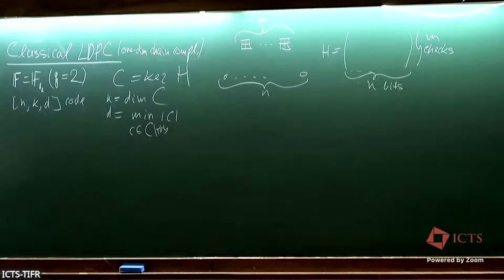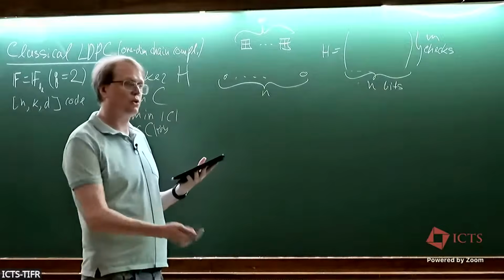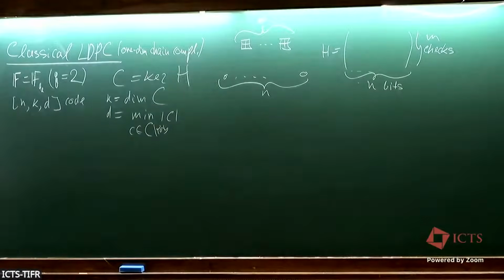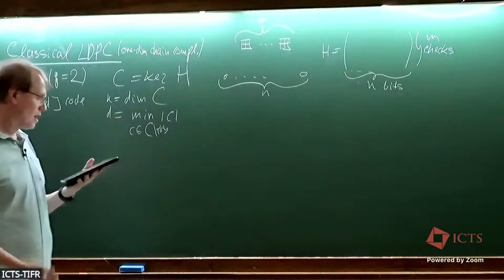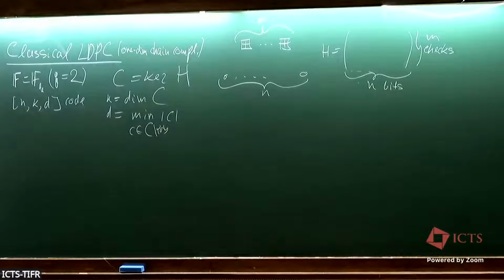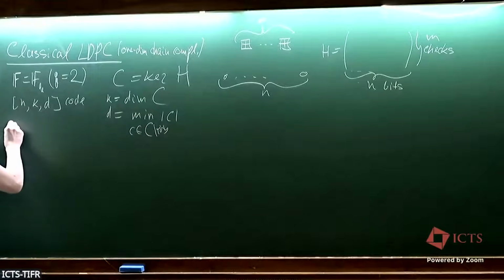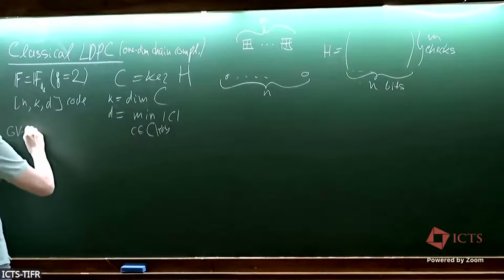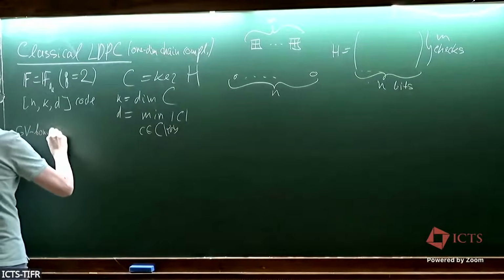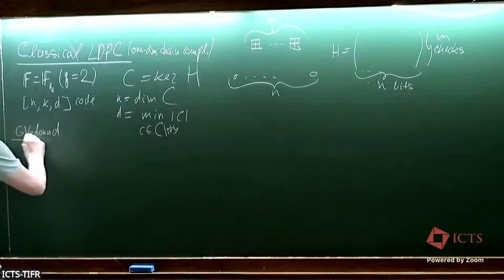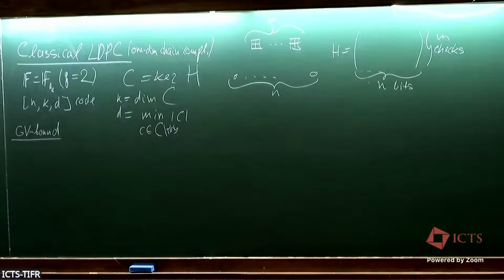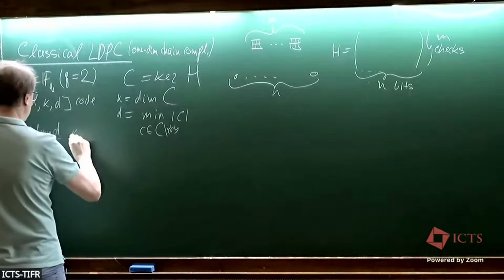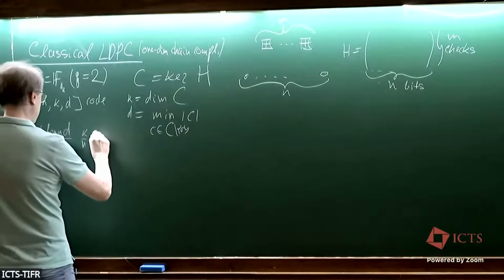Okay, and what you already saw in the previous lectures on coding theory is that there are good codes, and there's also a bound that shows that sufficiently good codes exist. It is usually called the Gilbert-Varshamov bound, and in the asymptotic regime it looks like this.